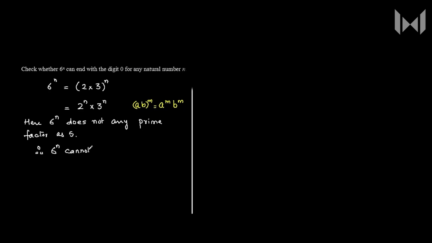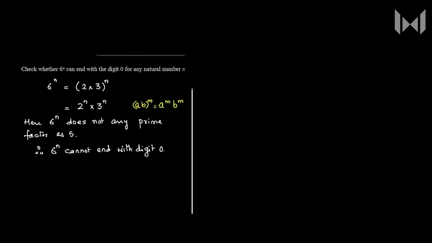So, using this rule, we get 2 to the power n into 3 to the power n. Here 6 raised to the power n does not have any prime factor as 5, and therefore 6 to the power n cannot end with digit 0.